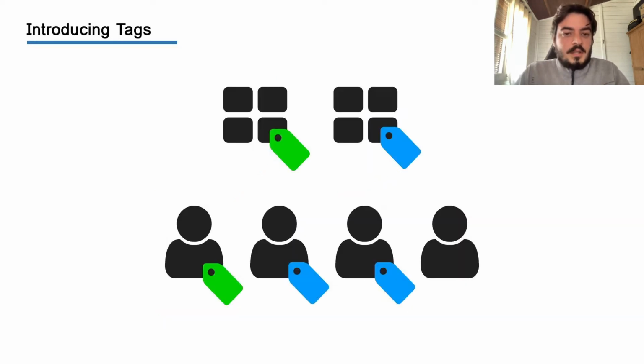So let's take a look at what tags are and how this can help us here. In this slide, we have two different tags, the green tag and the blue tag. We also have the dashboards on top, and the users at the bottom. It is pretty straightforward: the user with the green tag will have access to the dashboard with the green tag, while the user with the blue tag will have access to the dashboard with the blue tag, and the latter user has no tag, so will not have access to any dashboard.